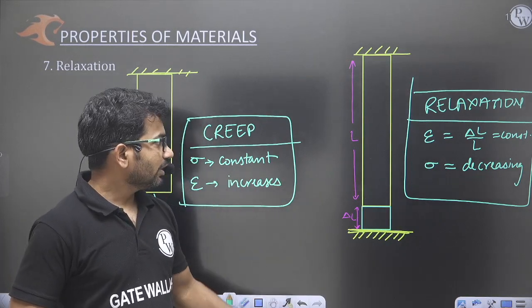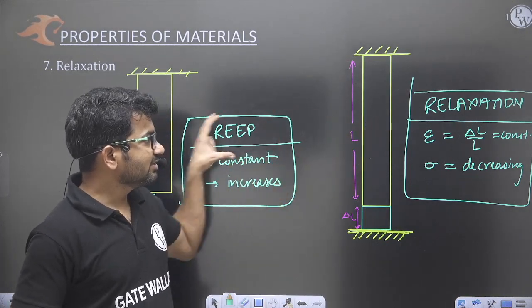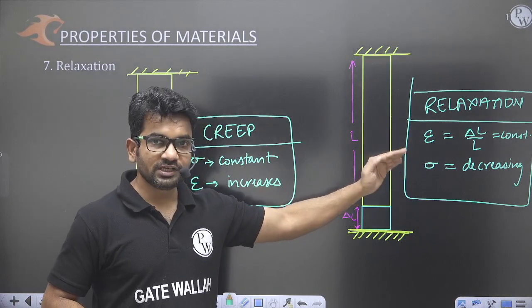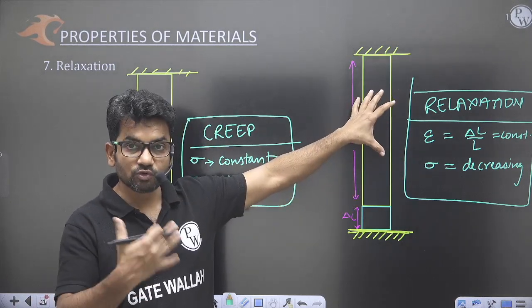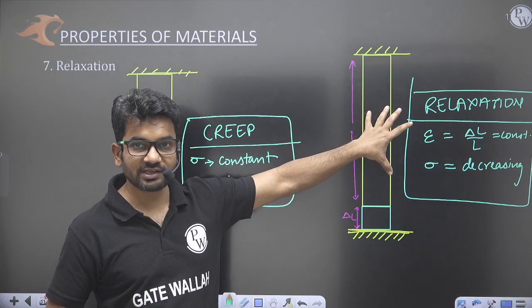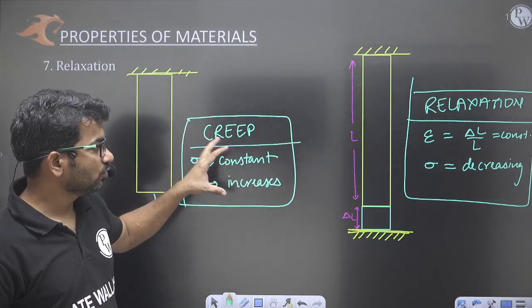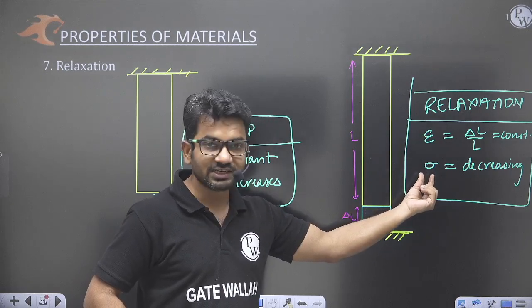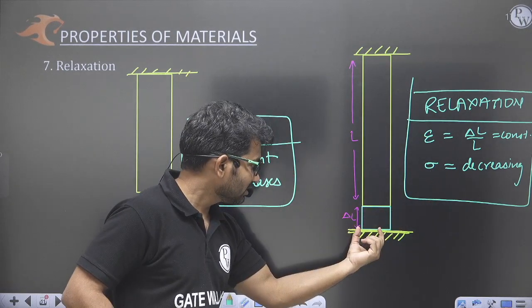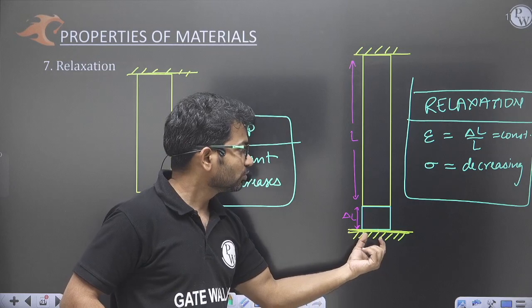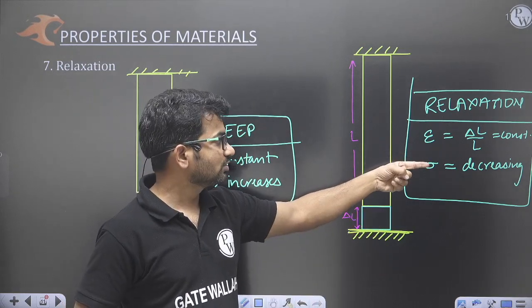Now if I want to replicate these two, if I am allowed to change some parameters in the relaxation and make it exactly similar to creep, what I will do, as some amount of stress is decreasing, I will pull it a little more, so that stress increases again to that constant value.